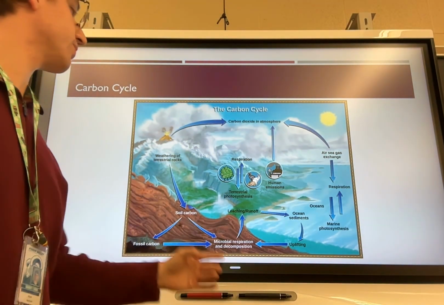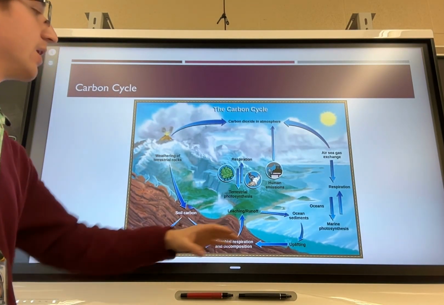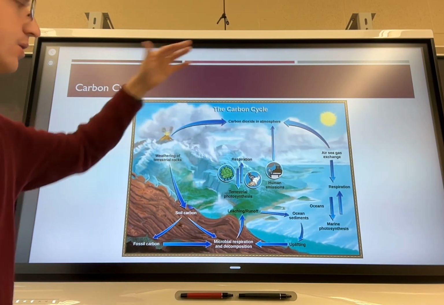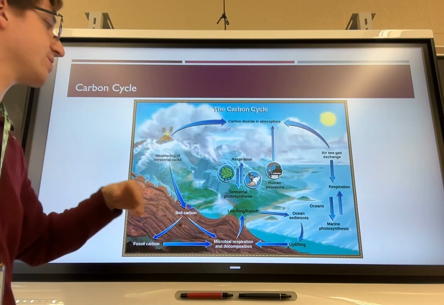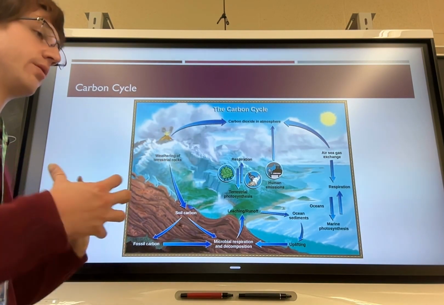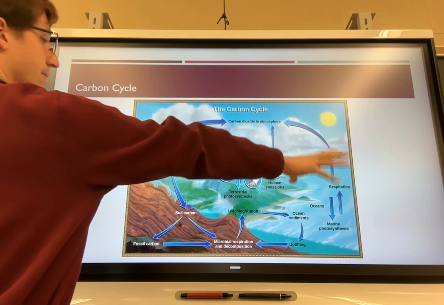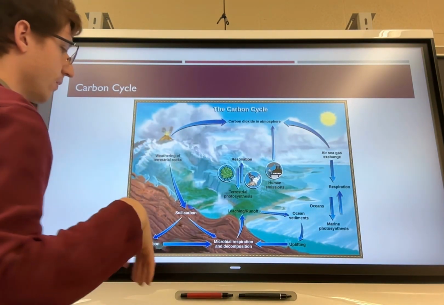It gets produced from cellular respiration, something we talked about at the beginning of the year, as well as human emissions. As this carbon dioxide goes into the atmosphere, it has a couple different options. It could be sucked up by plants during photosynthesis, or it could be absorbed by things in the ocean through marine photosynthesis and stuff like that.